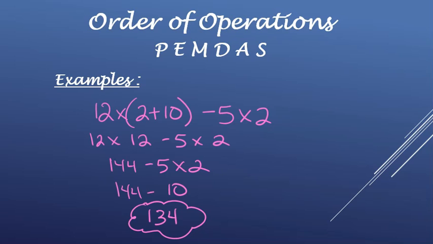Okay? Again, it's smaller. It's a large problem, and it gets smaller and smaller and smaller until you get down to the final answer. Now, I think that you will soon see that all of the problems are not too bad once you do follow the PEMDAS.